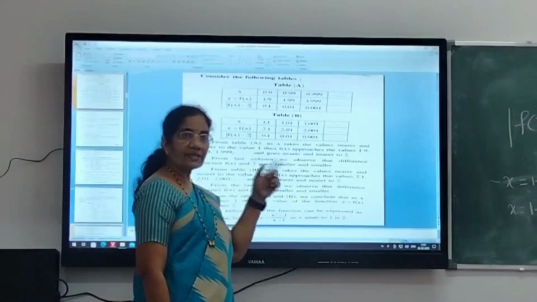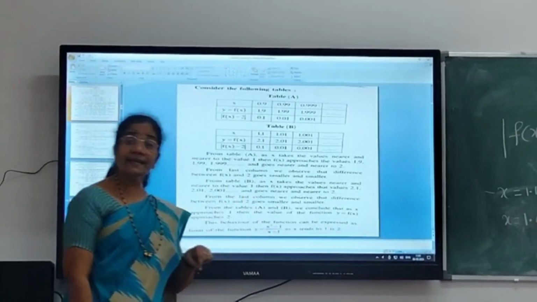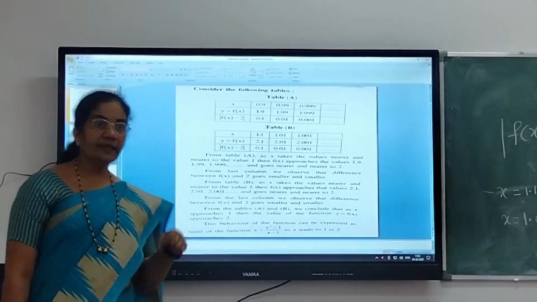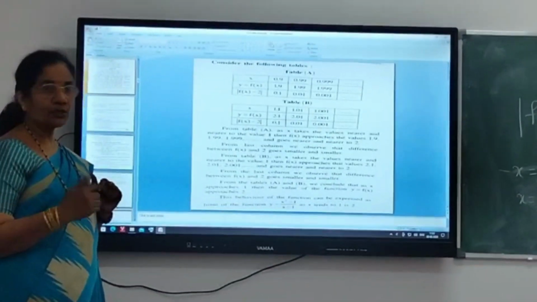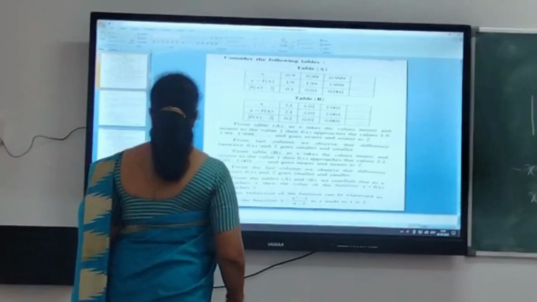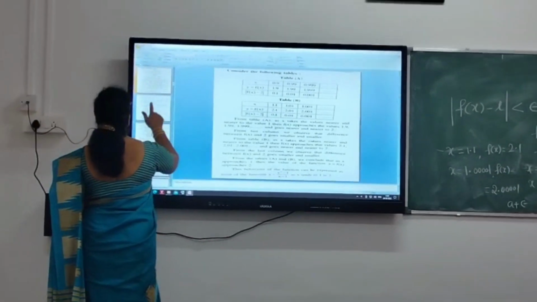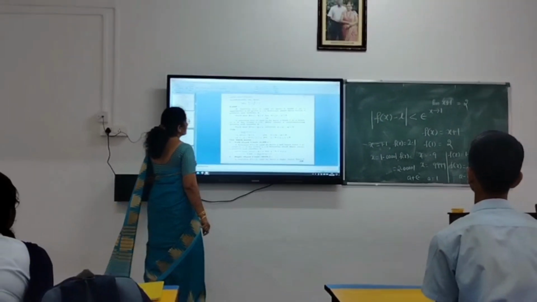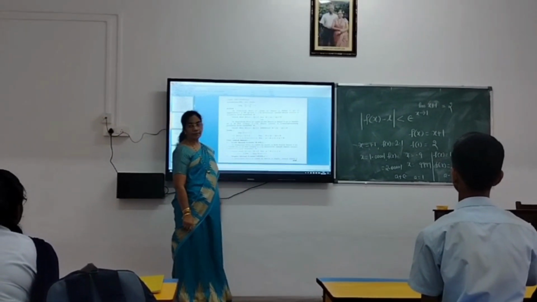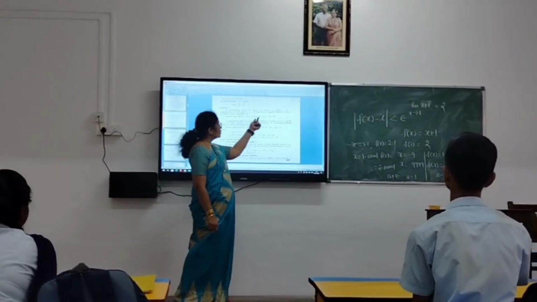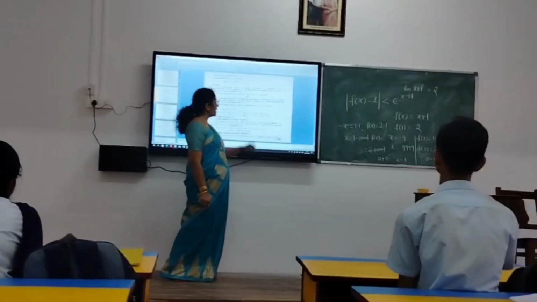In the first case, it is slightly less than 2. In the second case, slightly greater than 2. So that the limit is in the form of mod of f of x minus L less than epsilon, so that 0 less than mod of x minus a less than delta.